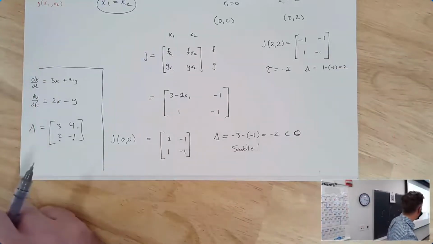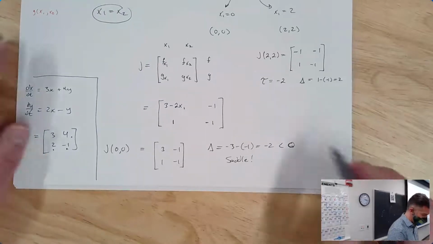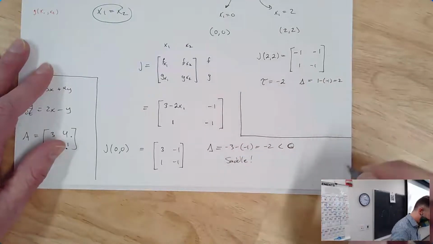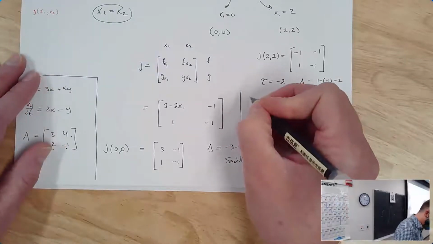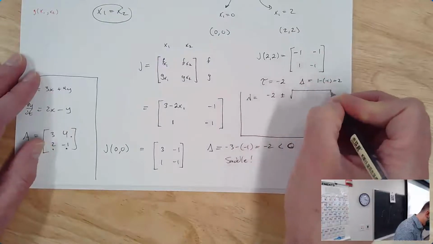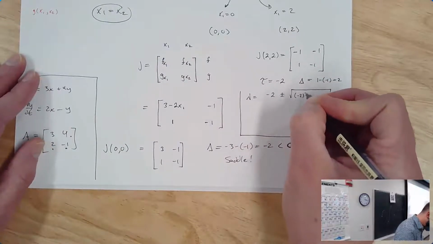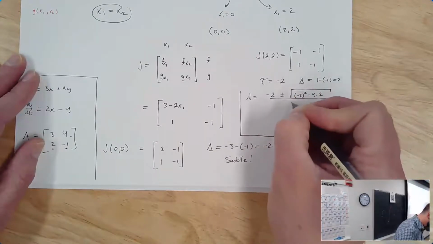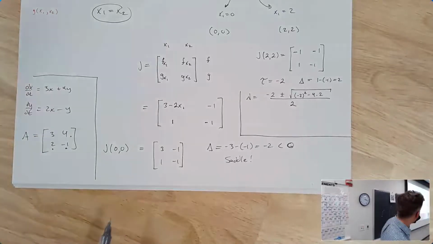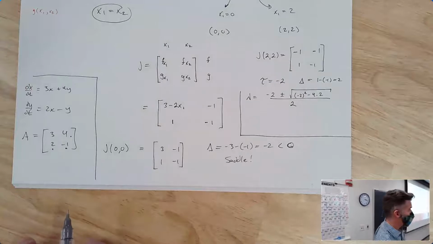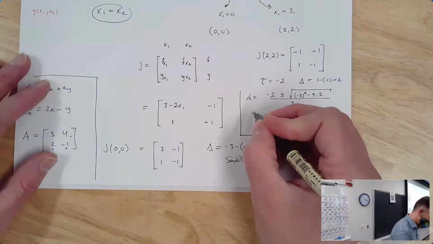It's relatively not terrible to write out the quadratic formula at this point: my eigenvalues are the trace plus or minus the square root of the trace squared minus 4 times the determinant, all over 2. It looks like my eigenvalues here are going to be complex because the discriminant is negative. So we're complex.